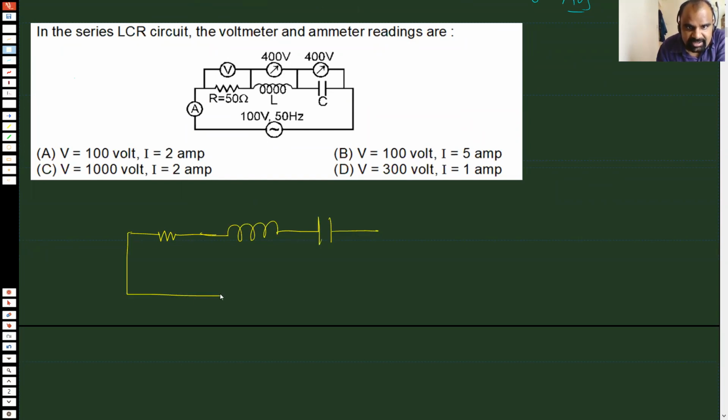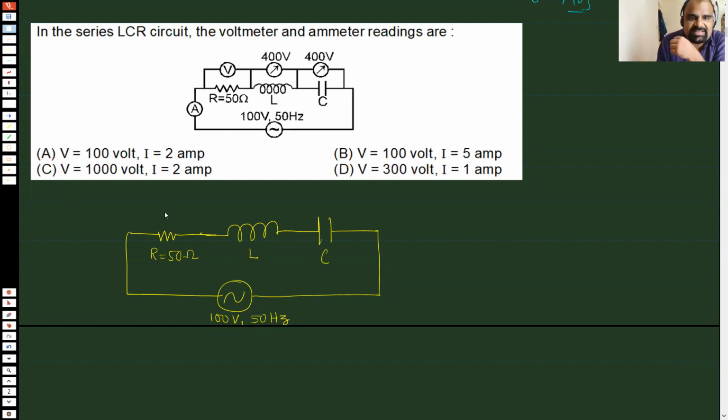It is not a complicated circuit, but those voltmeters make it look complicated. All I will say is this resistance is 50 ohm. This voltage is 100 volts, 50 hertz. This is the source voltage. The value of inductance is not given. The value of capacitance is not given.